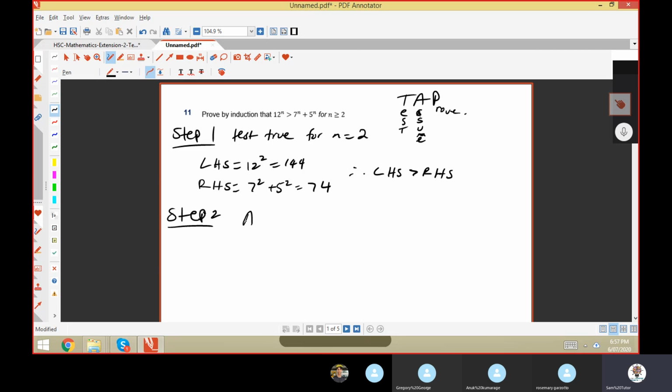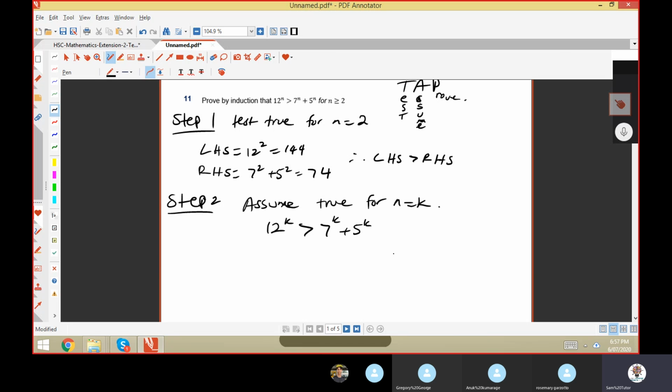Step 2 was assume true for n equals k. So that one we wrote 12 to the k is greater than 7 to the k plus 5 to the k, and that's it. And then step 3, and you have to bring your assumption in.